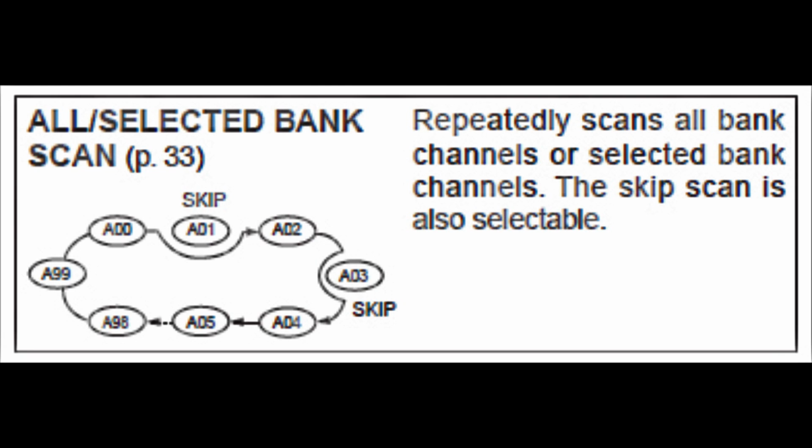But essentially, what the bank is, it's basically a grouping of memory channels that have a very specific narrow scan range of known frequencies. So for example, A1, A2, A3, A4 could be the Blue Angels, and A5 and A298 could be the Airbus.